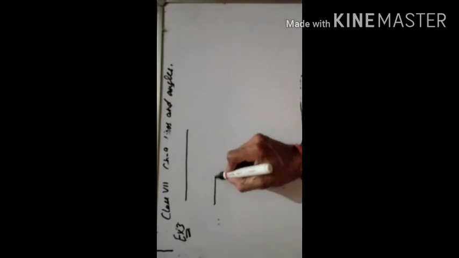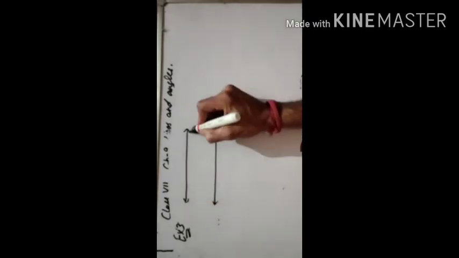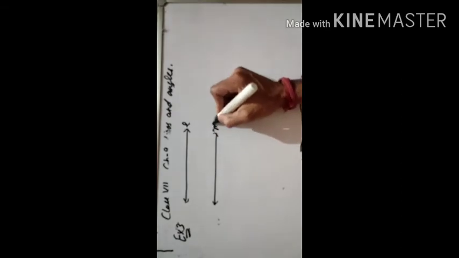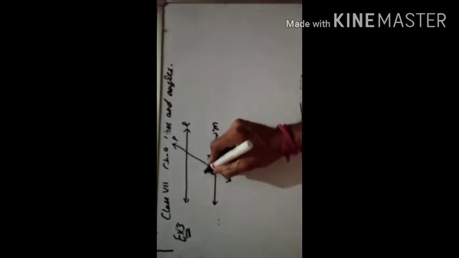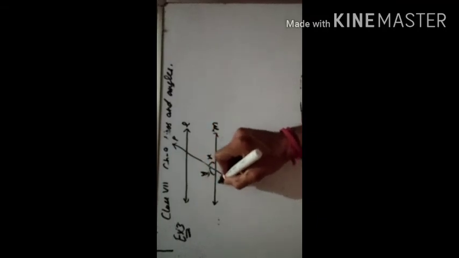This figure is given to you, and these lines are L and M, and this is a transversal P. Then x, y, z are given, and this angle is given 50 degrees. We have to find the angles x, y and z.